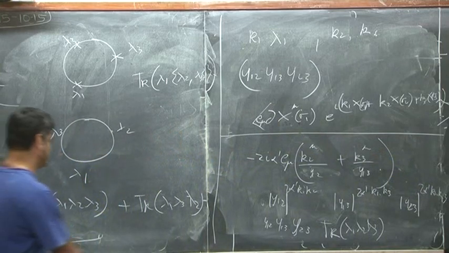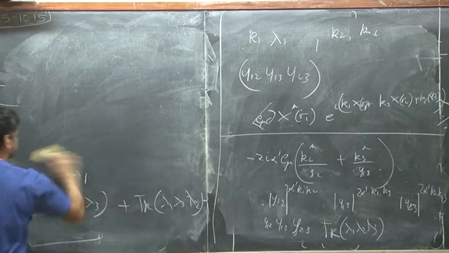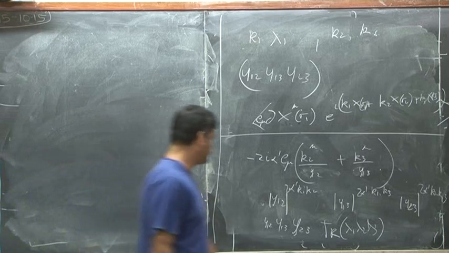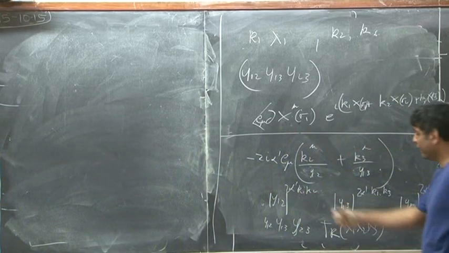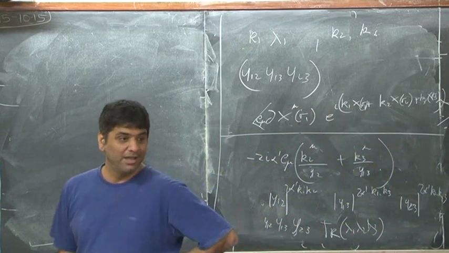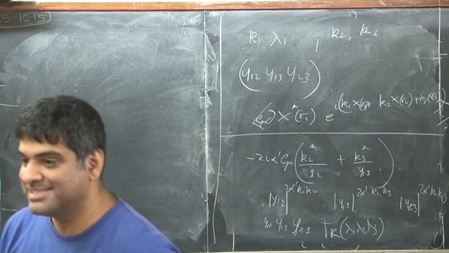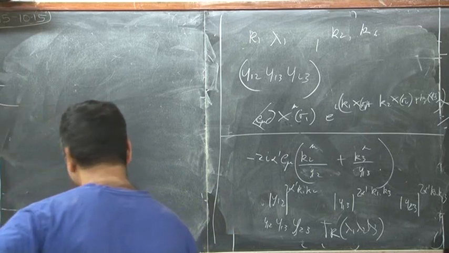Now we have to process things. The first thing to process are these numbers. We're now going to get different values for these numbers than we did before. Why? Because K1 obeys the mass shell condition K1 squared is equal to 0, not K1 squared is equal to 1 over alpha prime.